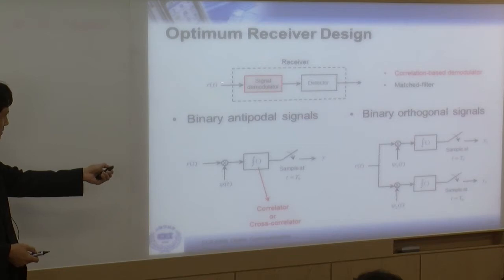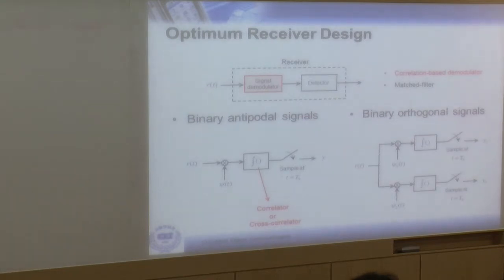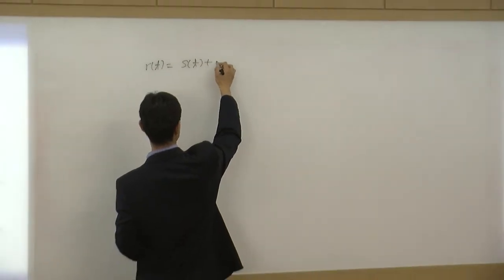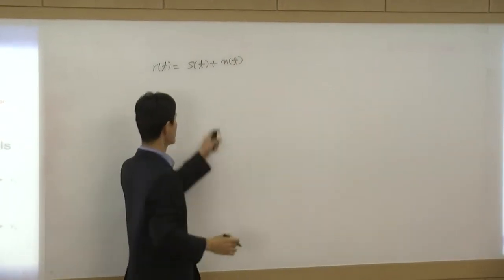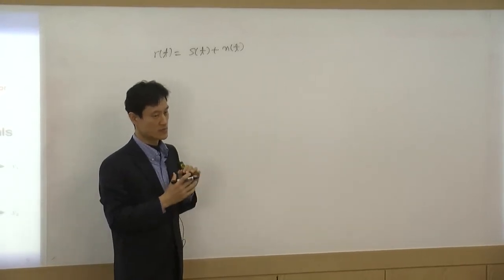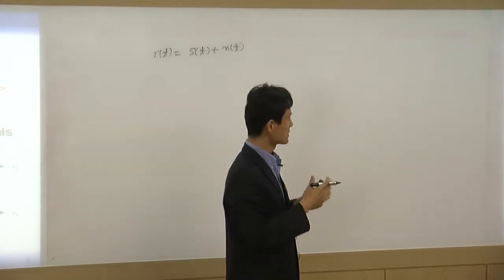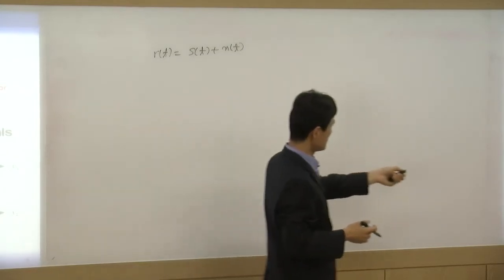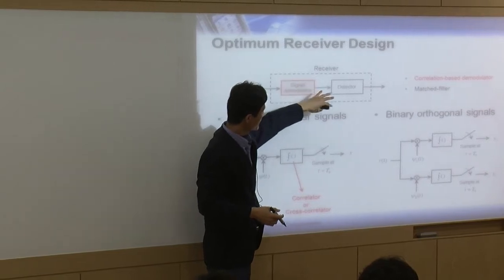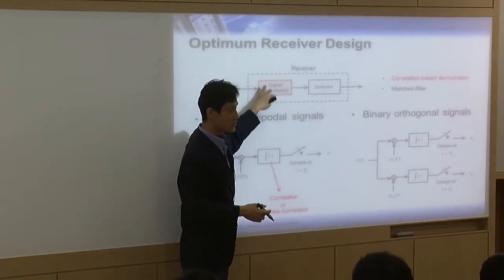So here's r(t). This r(t) is s(t) plus n(t), right? Transmitted signal plus noise. That's our received symbol, or received signal. And this received signal goes into the signal demodulator and detector, and that's what we call the receiver.